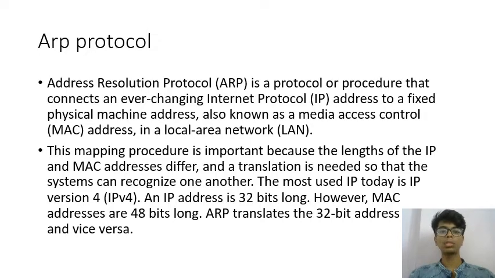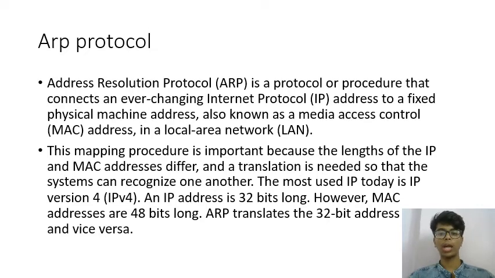This mapping procedure is important because the lengths of the Internet Protocol and Media Access Control addresses differ. So the IP address and MAC address are different, and a translation is needed so that the systems can recognize one another.